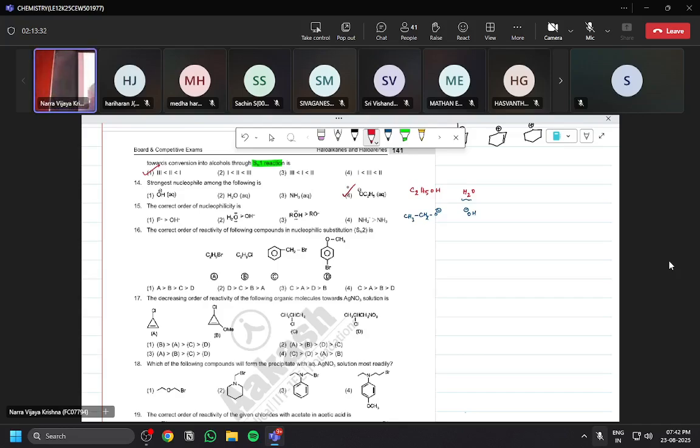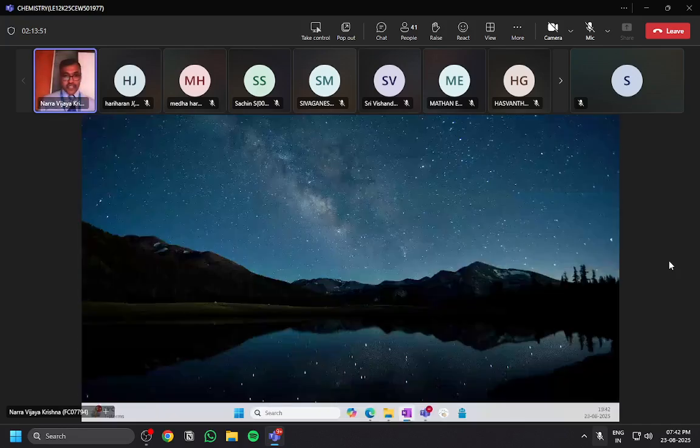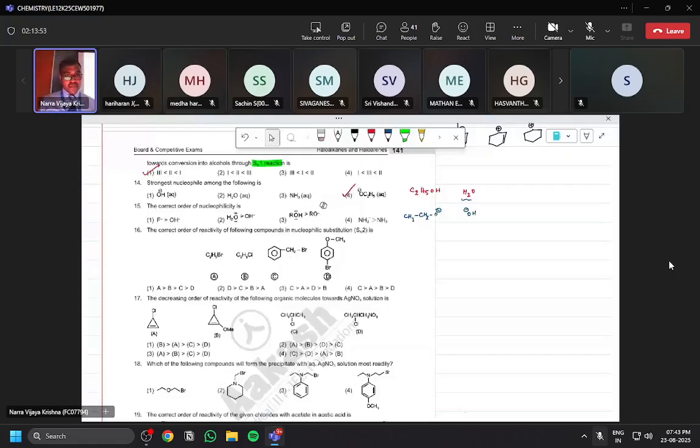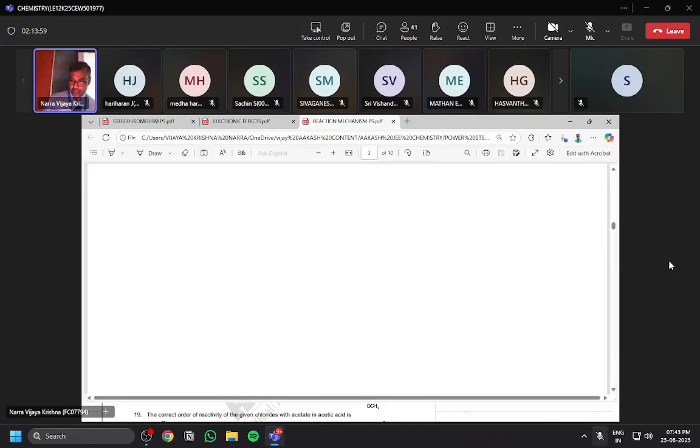Think in this way. What type of group is CH3CH2? Donating group. Because of it, what happens to the negative charge over oxygen? It increases. Means it is a better nucleophile, correct? This statement also we have seen. I think we have taken the same example in reaction mechanism. Just a moment, I will show that also.